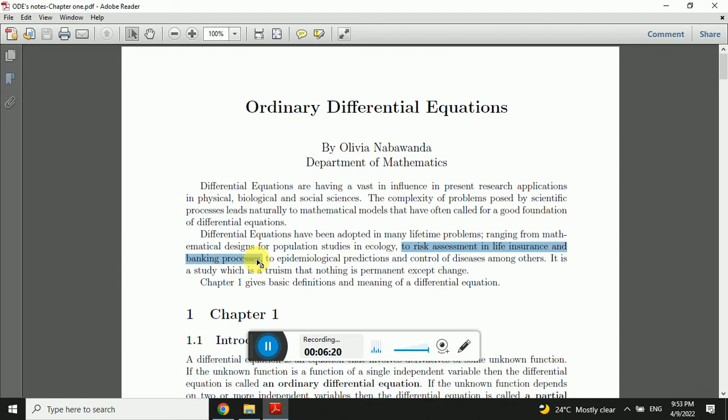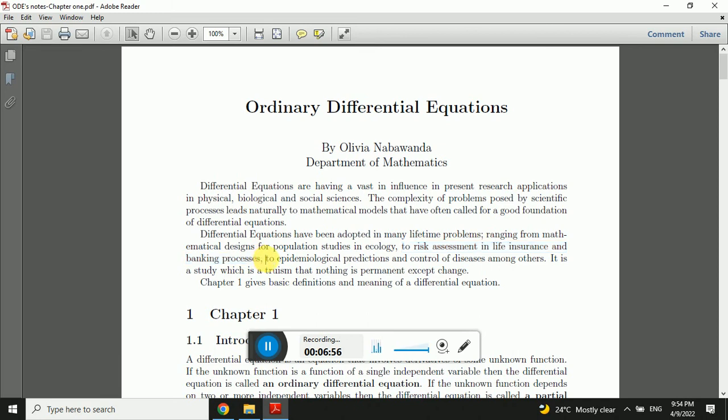I don't know whether you've encountered this, but we have insurance companies, and for example, if you're starting a business, you can decide to insure your business and property, such that in case of any losses or fire and so on, those people can compensate you in case such risks occur. So the risks, in case they have happened, can only be assessed with the help of differential equations.